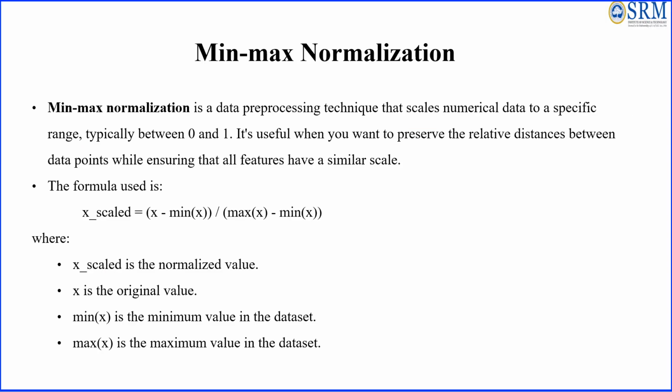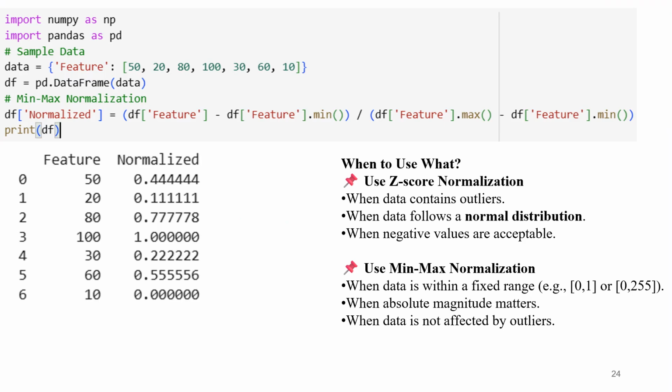And the next one is min-max. You have to find every value, find the min, subtract it, and divide by the range. So this is called min-max. It is also a pre-processing technique. If you want to preserve the distances between data points, then we use this min-max normalization. So let's see the code.